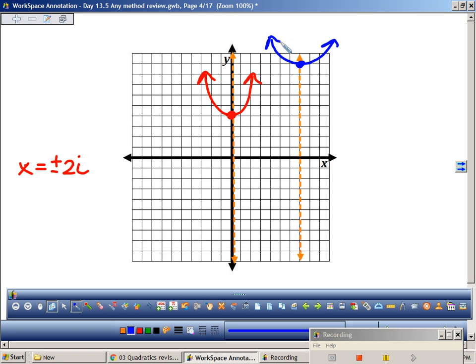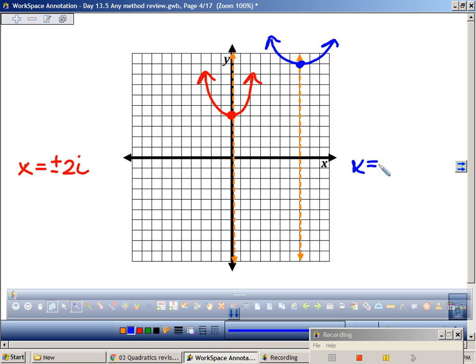Can you tell me what those roots would look like? If I give you this, can you tell me what this would be? I've got 2 hands. I want to see more than that. 3 hands.